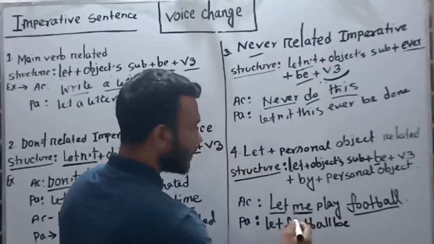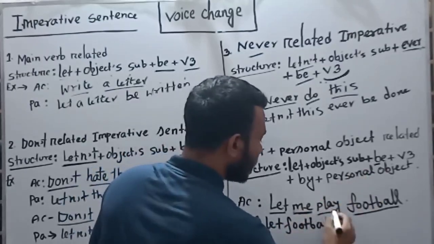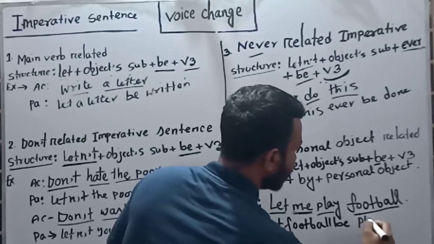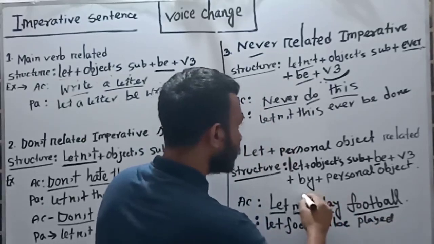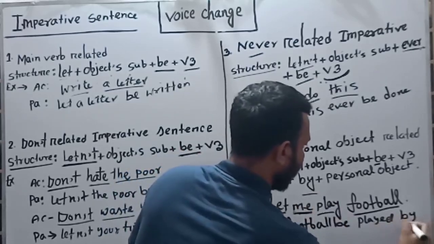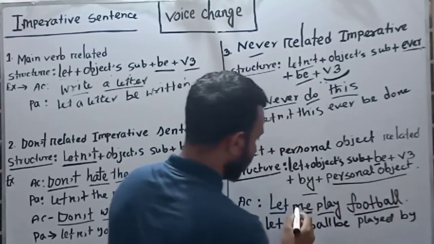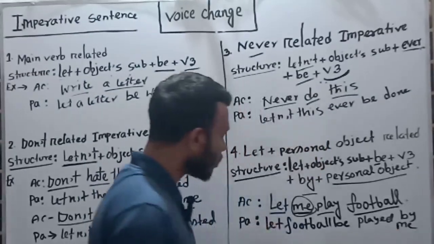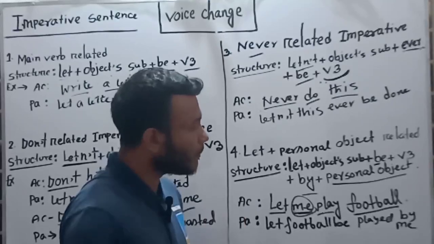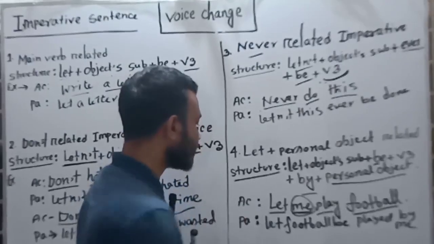Let football be, then make the verb into past participle form. It will be played. Let football be played, then use by. At the end of the sentence, use the personal object. Me is the personal object. So you have got your passive sentence: Let football be played by me. Get another example.